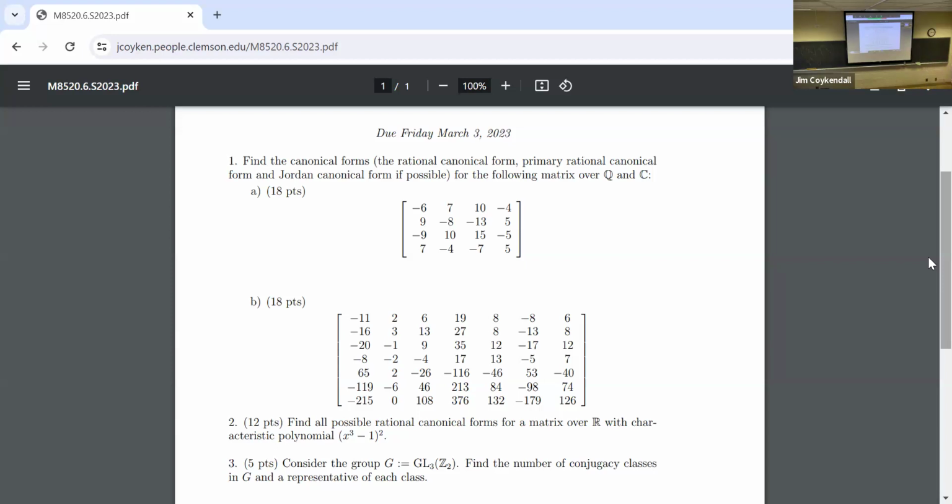if you compute the Smith normal form of this, what is it, 7 by 7? One, one, x^2, x^2.